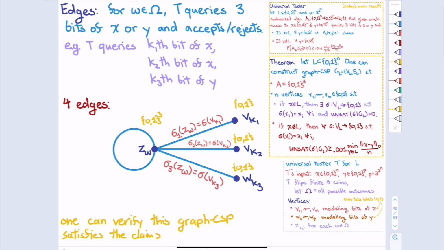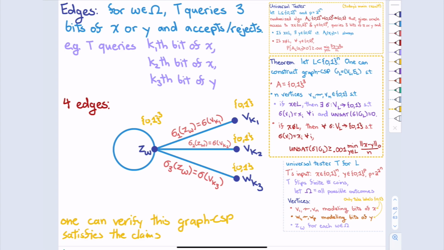Is it just the and? No, you kind of get the and for free.